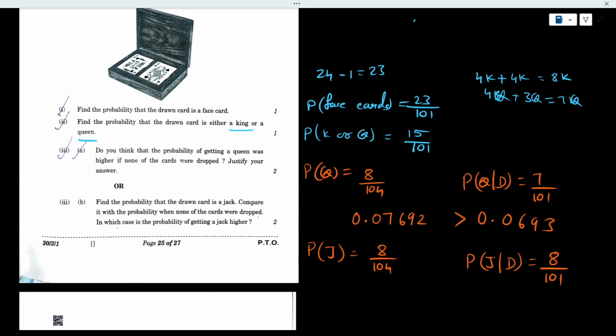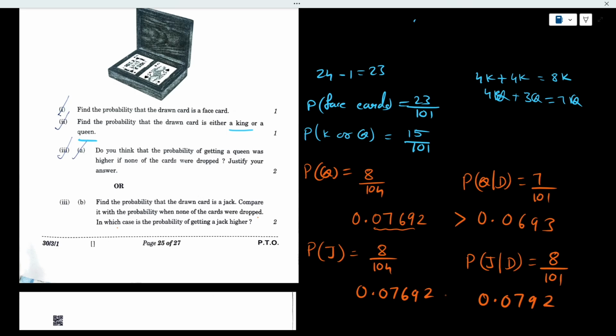Now again if I divide 8 by 104, it's going to be the same value, 0.07692. Now divide 8 by 101, it is 0.0792, right?